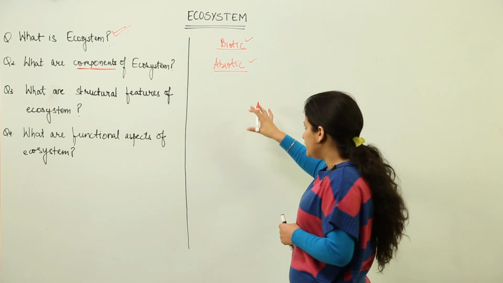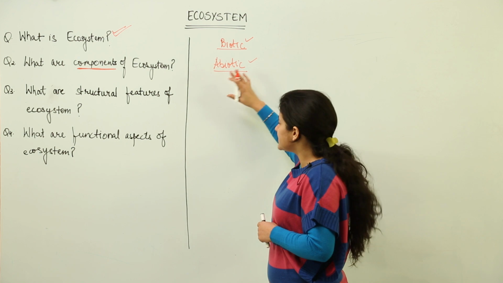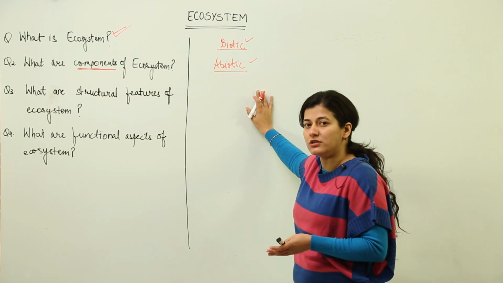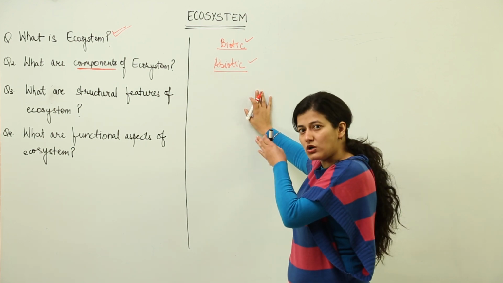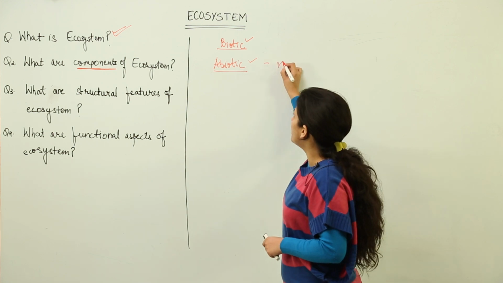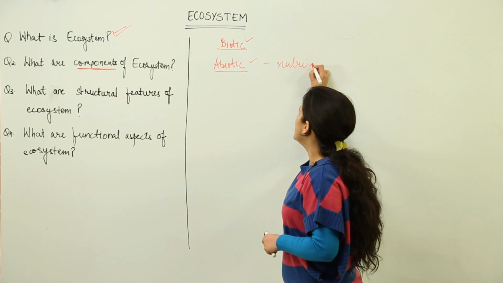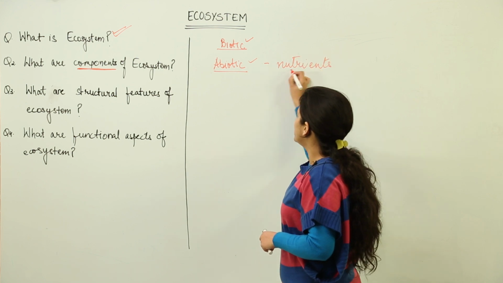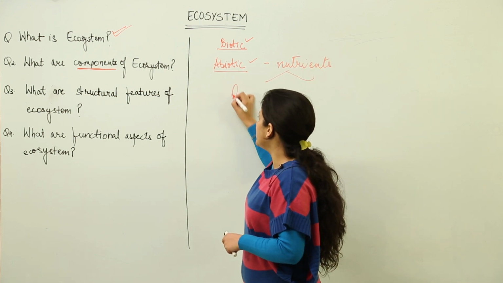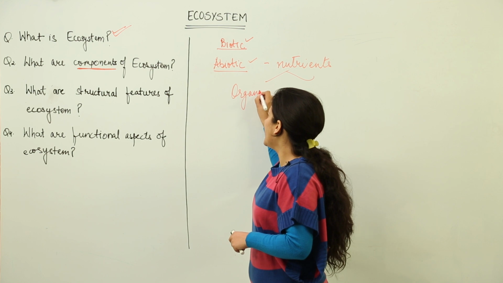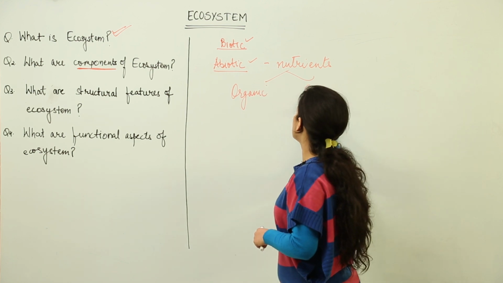I would take a review again: abiotic components are those components which are non-living. So when we talk in terms of ecosystem, we are talking about the nutrients which are available, which are further of two types. Nutrients are organic nutrients and inorganic nutrients.